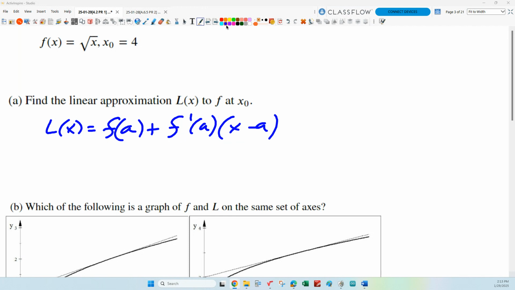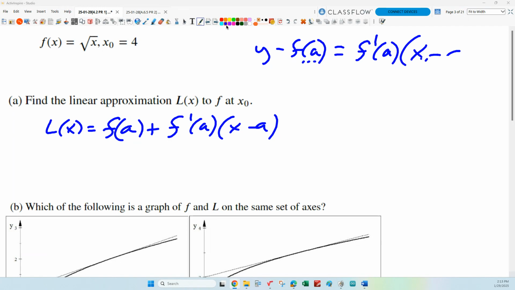We got that from y minus y1 equals m times x minus x1. Instead of y, we call it L of x, and then we just isolate L of x. It's easy. You can derive that every time if you want to. So that's our linearization.